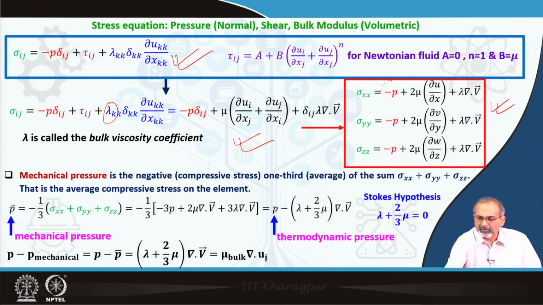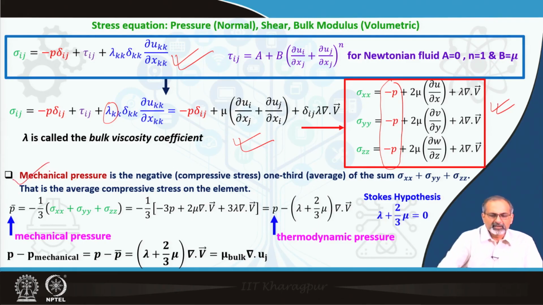Here we find that we have included pressure in the normal stress components, but it is also possible to segregate the pressure out of the normal stresses and represent them separately as pressure gradient terms in the different components of the momentum equation.